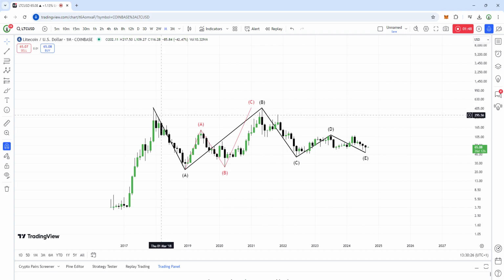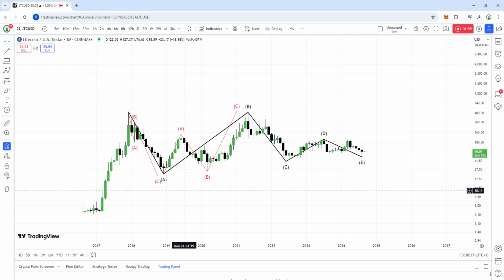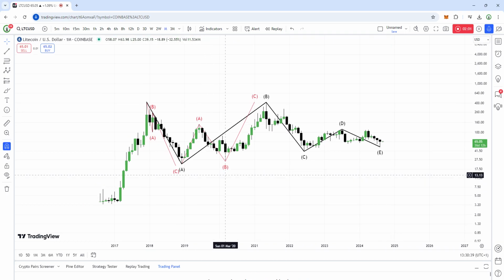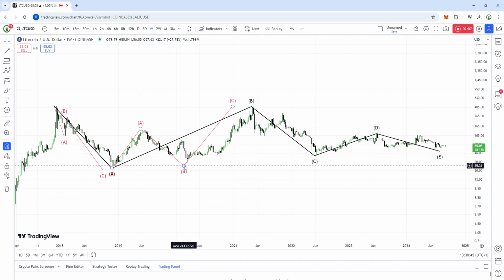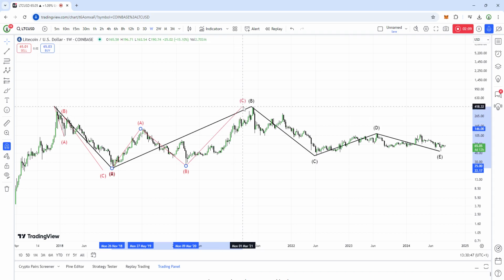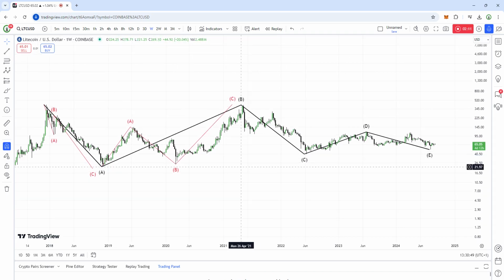Again, here you can only really make three waves: 1, 2, 3. There isn't a clear 5-wave structure, even if you go onto the weekly here. You can't really make 5 waves out of them.